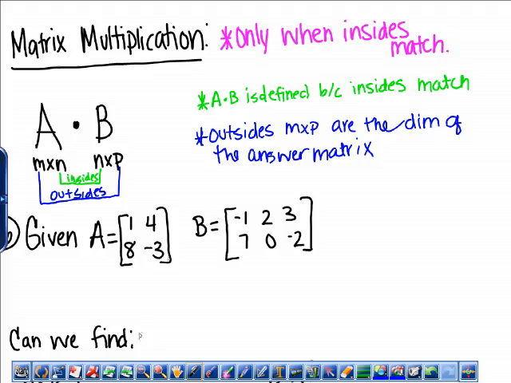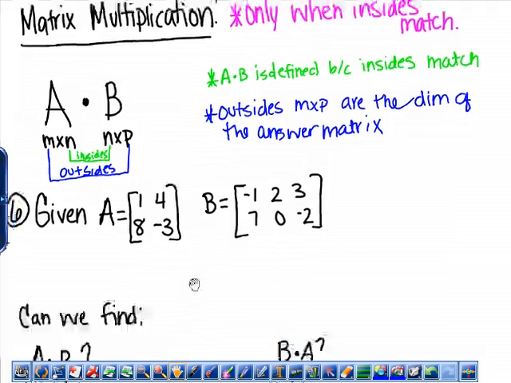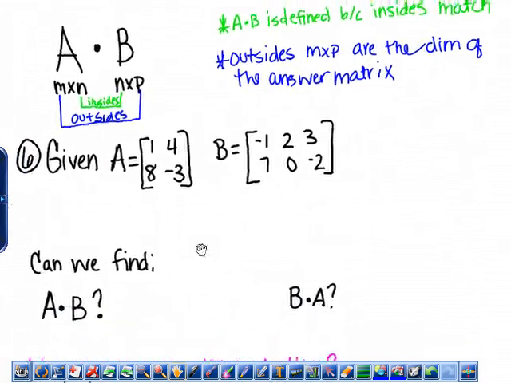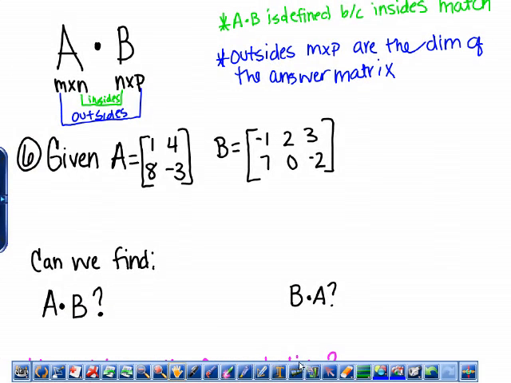Look at these two matrices, A and B. Jot those down real quick. We want to decide if we can find the product, and if so, what the dimensions of the answer matrix are going to be.